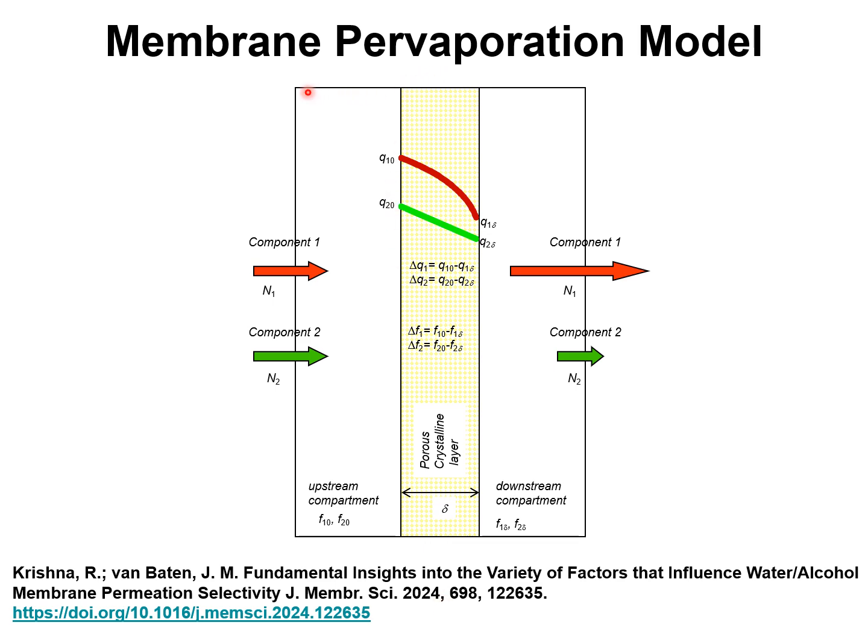The membrane pervaporation unit consists of a thin porous crystalline layer consisting of, say, DDR zeolite or chabazite zeolite or ZIF. Typically, the thickness of the membrane layer is 50 micrometers. The upstream compartment contains the feed mixture, which is typically rich in ethanol, say about 95% ethanol, and the downstream compartment is subject to deep vacuum.